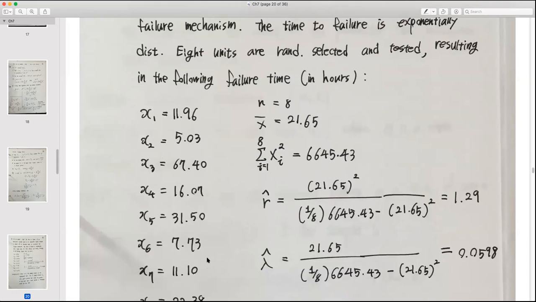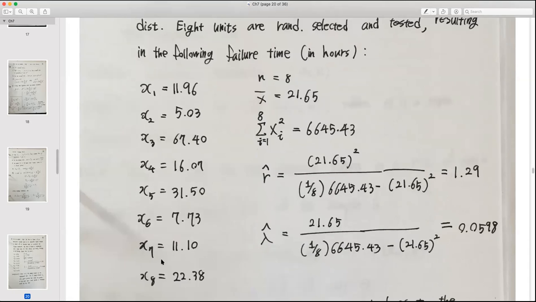I think the same random sample is given as in the textbook. So now we found x bar, 21.65, and then we're going to find our second sample moment, which is 6645.43 divided by n, which is 8. That's going to be the second sample moment, right?